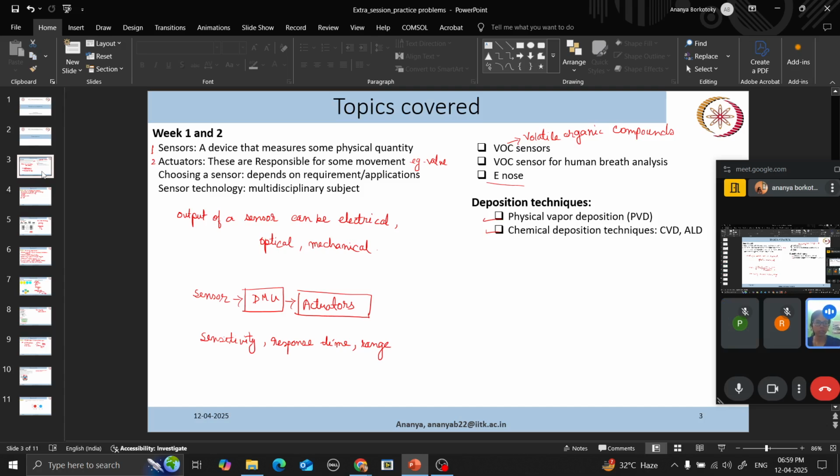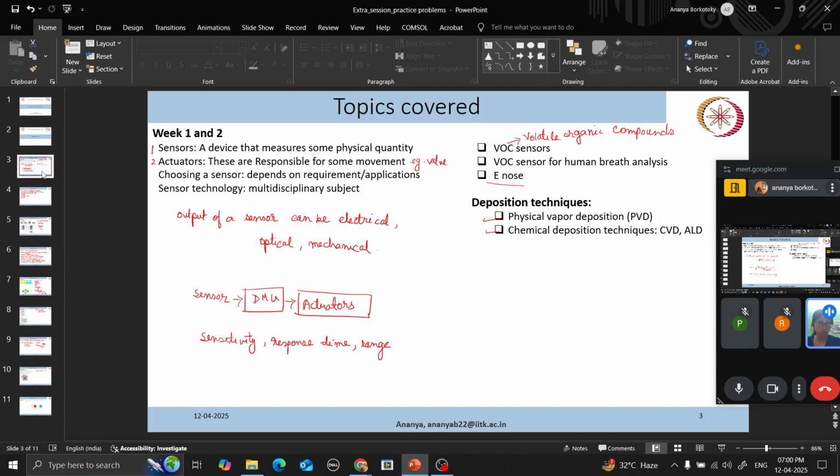See, as I mentioned, LPCVD is low pressure CVD, right? But you should know what low pressure means there, because in sputtering and evaporation we create a very high vacuum, normally around 10 to the power minus 7 or minus 6 millibar. Whereas LPCVD, even though it's a low pressure CVD, is not that low.